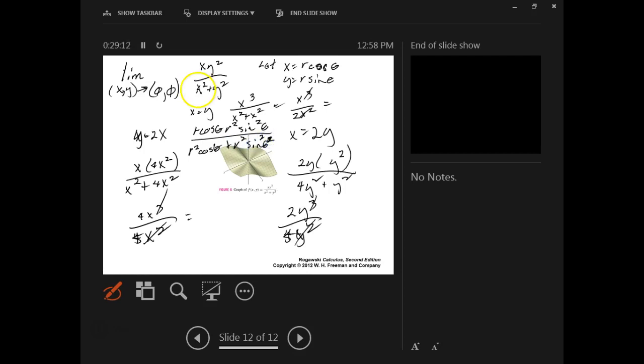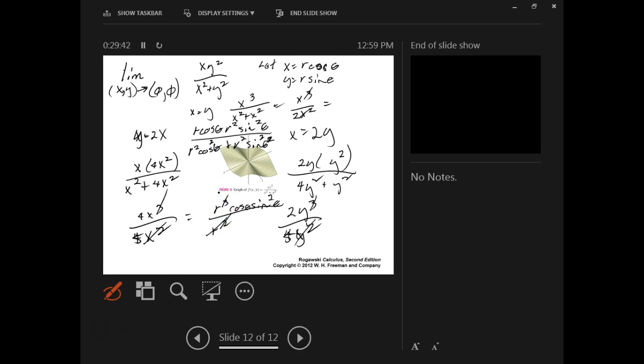Well, this would just be r cubed cosine theta sine squared theta over r squared, because cosine squared plus sine squared is equal to 1. And again, the r squareds cancel, leaving you r times cosine theta sine squared theta.